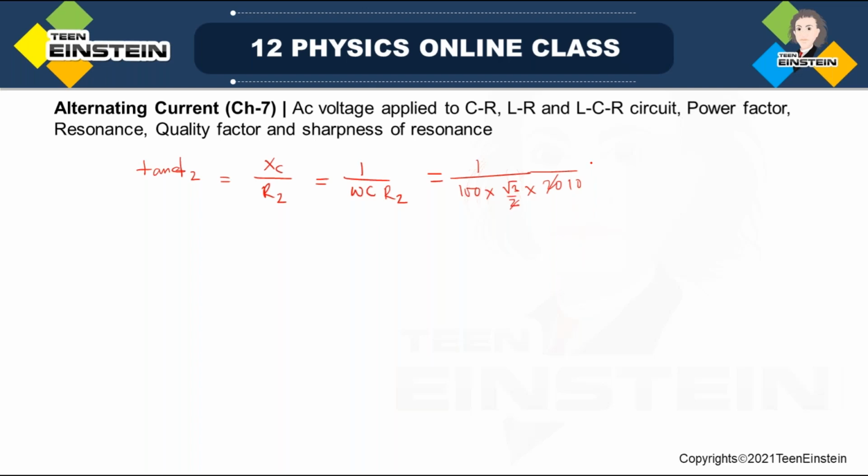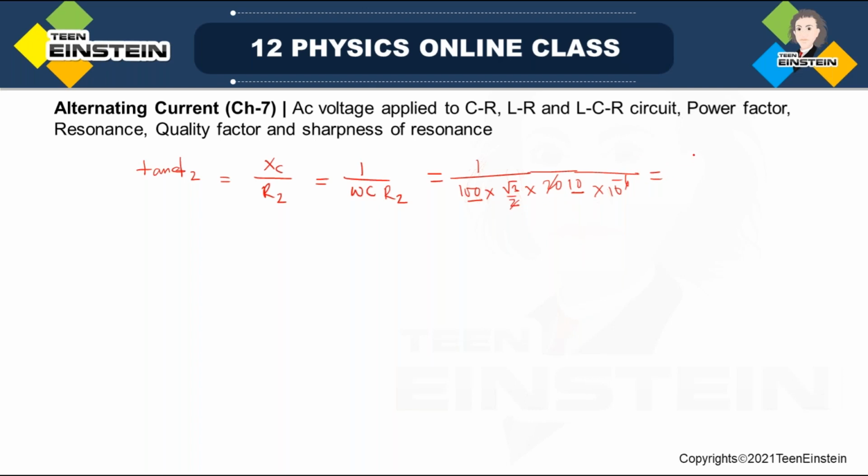What is the value we get here? Actually I have written one thing wrong. This is in microfarad, so we multiply by 10 to the power minus 6.